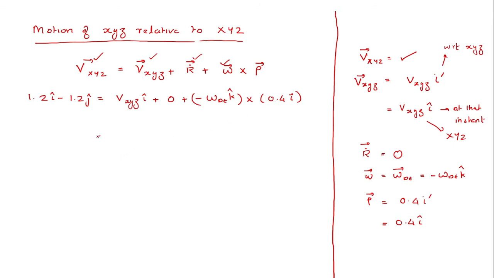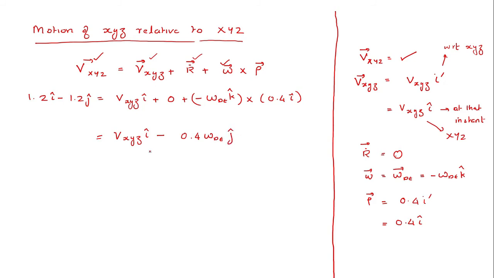So this will be equal to Vxyz into I cap. Now if you take the cross product of these two, you will get minus 0.4 omega DE into j cap.